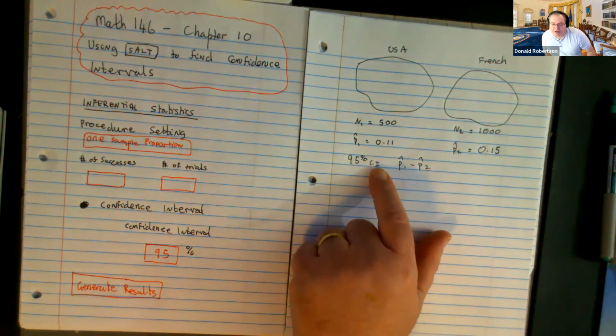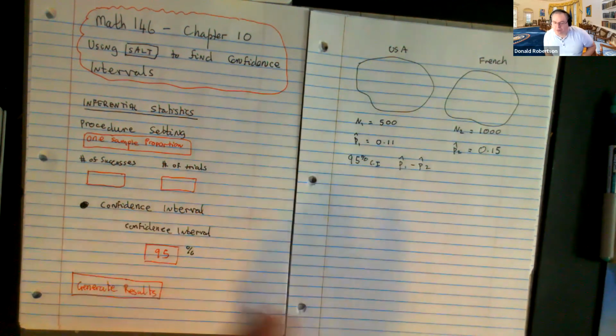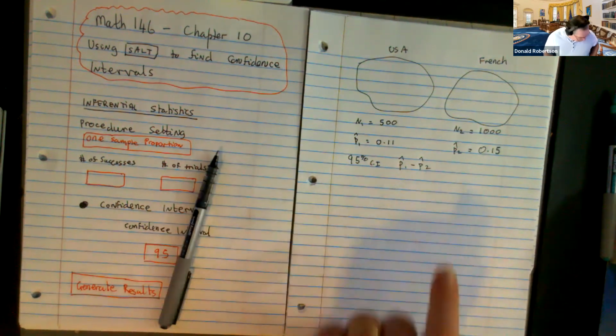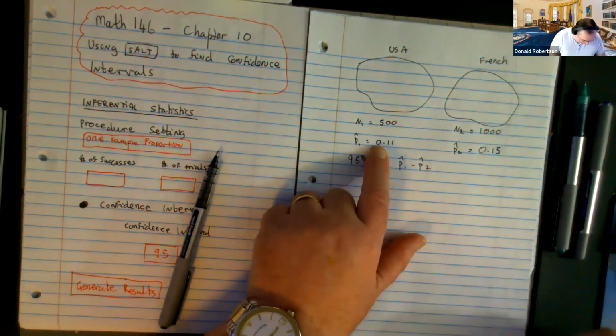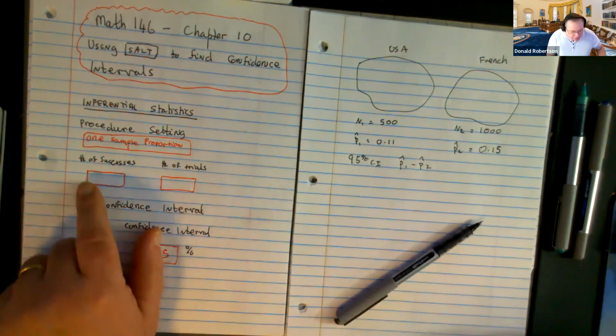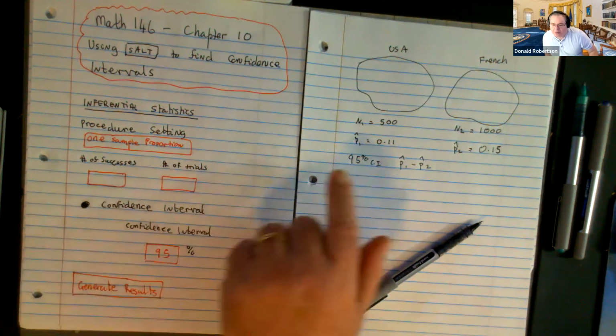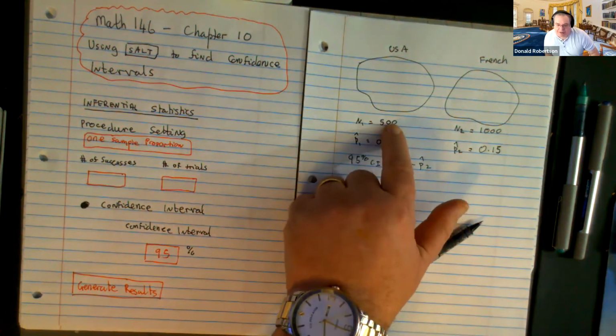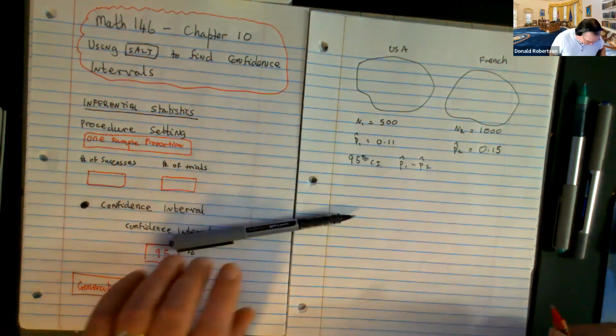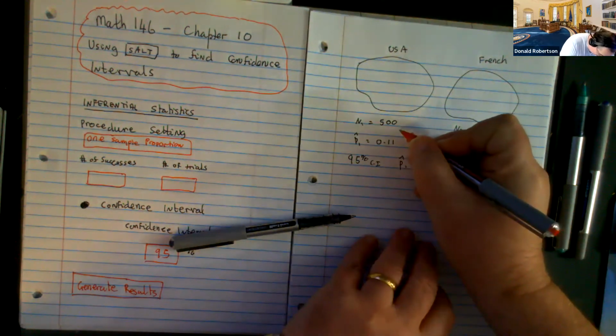We just want to take this and let Salt do the whole thing, right? Now, the only thing that's missing is that that number isn't the one I want. Don't we need this guy called the number of successes? So I'm going to find what 11% of that is, and it's basically 55.